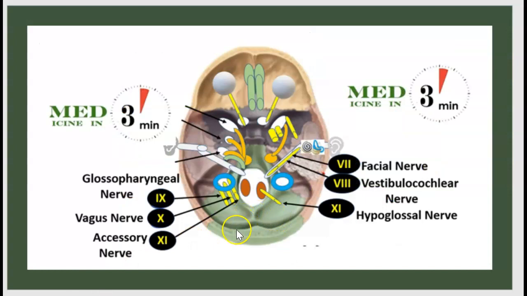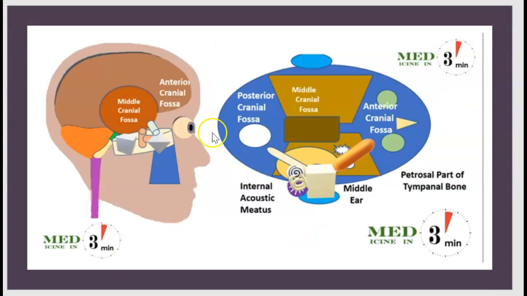From the endocranial view, you can recognize the facial nerve with the vestibulocochlear nerve. They are going from the bulb to the middle ear. On the other side, we recognize the glossopharyngeal, the vagus nerve, and the accessory nerve. From sagittal view, there is anterior cranial fossa, middle cranial fossa, and posterior cranial fossa.